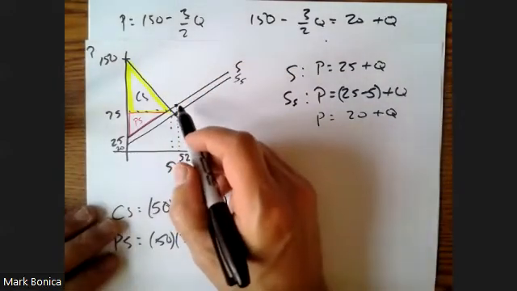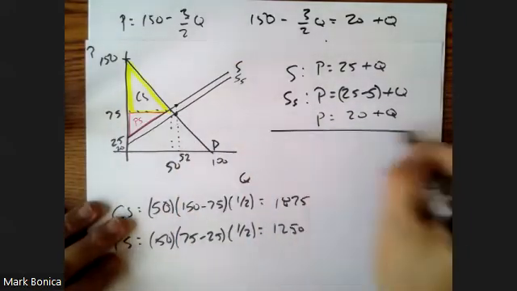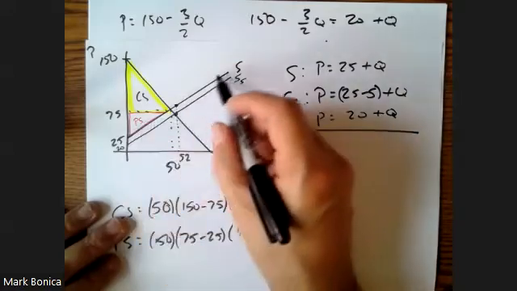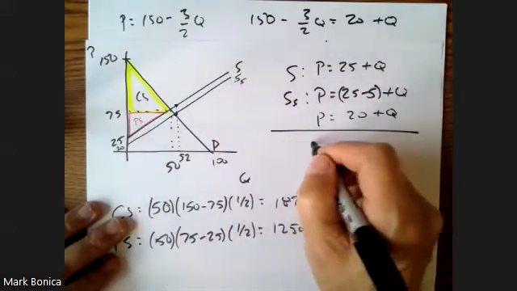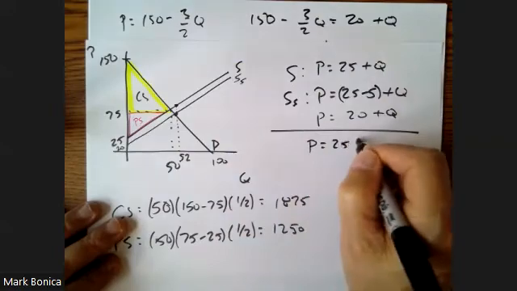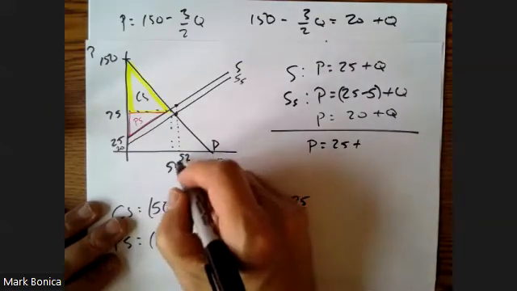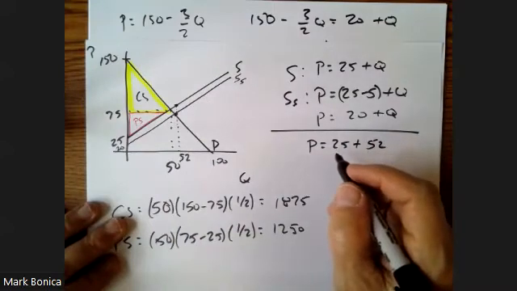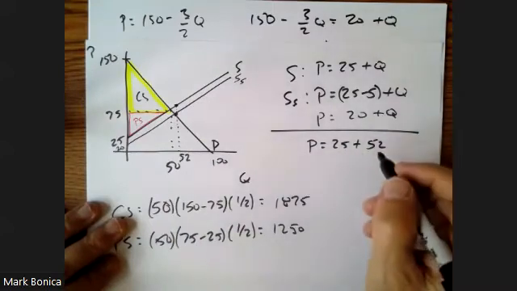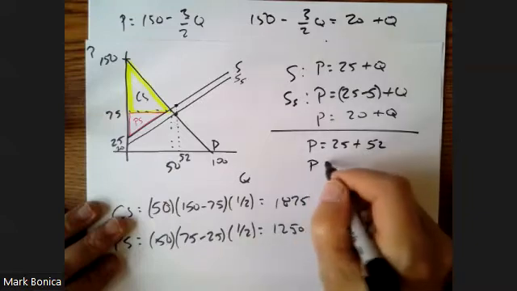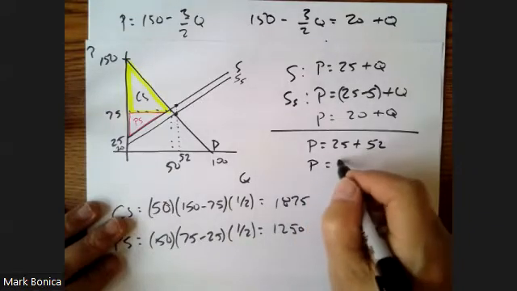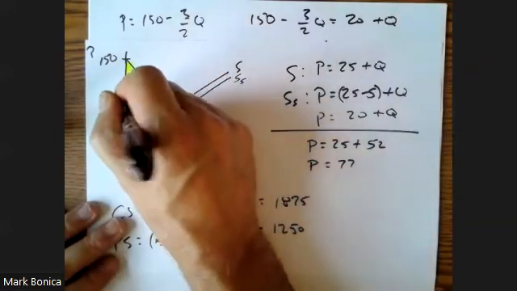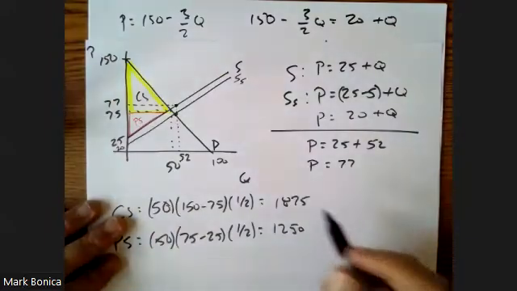And so the amount she's going to get paid is not based on the subsidized supply curve, but actually on her original supply curve. P equals 25 plus Q, and the Q that we're considering here is going to be 52. So she's going to get 25 plus 52, 77.